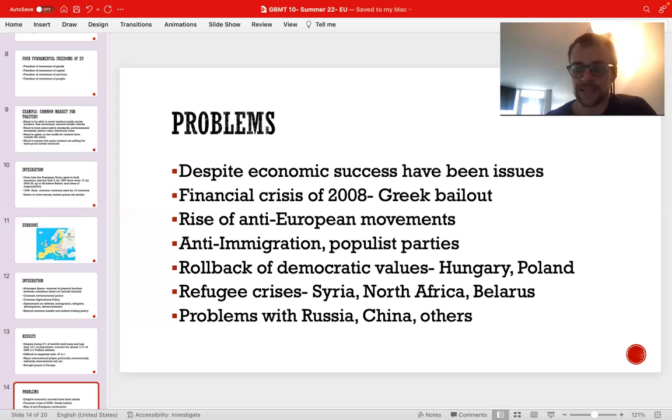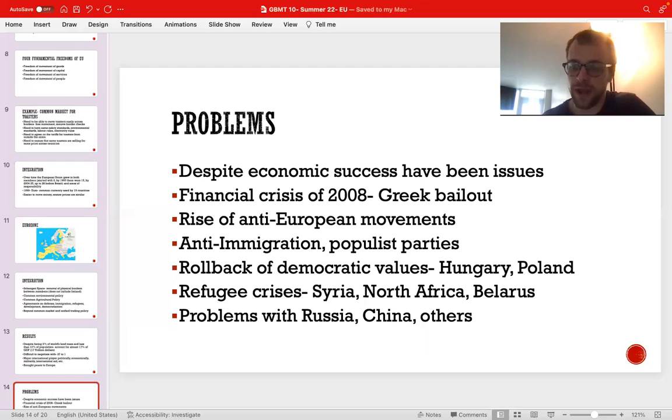We also see a rise in anti-immigration and far-right populist parties across Europe in recent years, believing that elites in Brussels, which is the EU headquarters, were controlling their nation states economically and politically, with the belief that these kind of Brussels-based, mostly Northern European-based elites were forcing things like increased immigration on states which did not wish to have more immigrants.